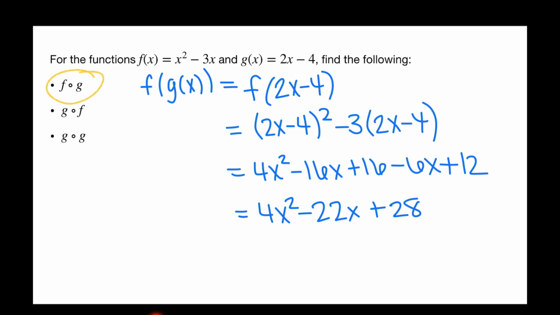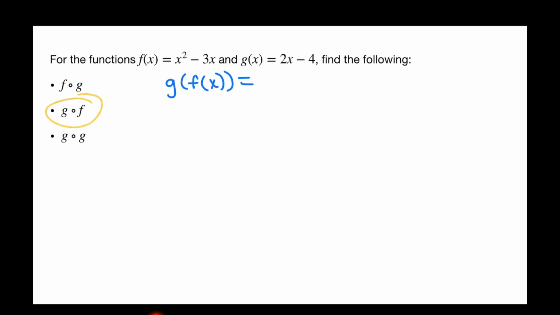Now with compositions, the order matters. If we want to compute g composed with f, that means now we're taking function f and plugging that into function g. So let's see what happens. We'll probably get a different answer. If we take function f and put it into function g, that means now we're computing g of x squared minus 3x.